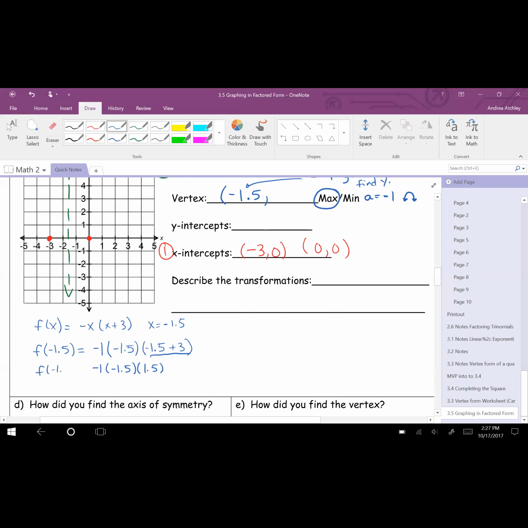And I have f of negative 1.5 equals. Then I'm going to multiply those two together. I'm going to get f of negative 1.5 equals negative 1 times negative 1.5 is a positive 1.5.